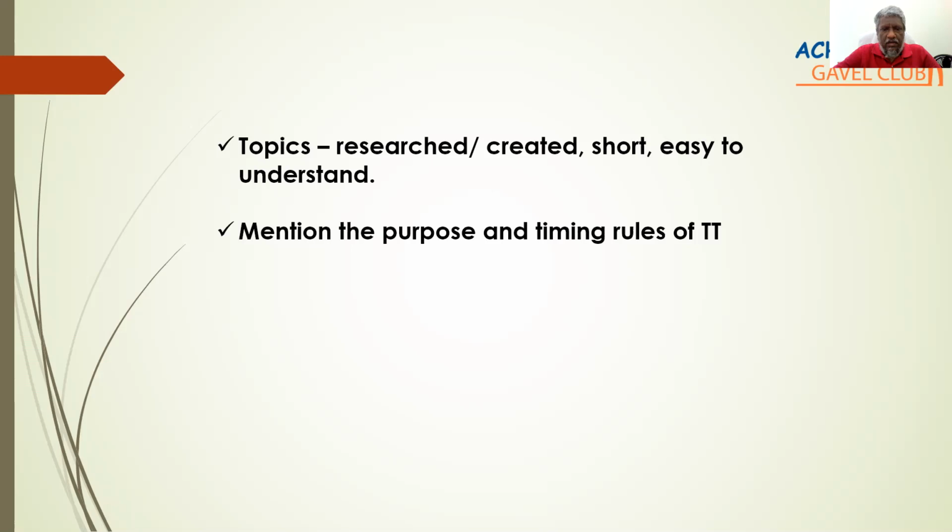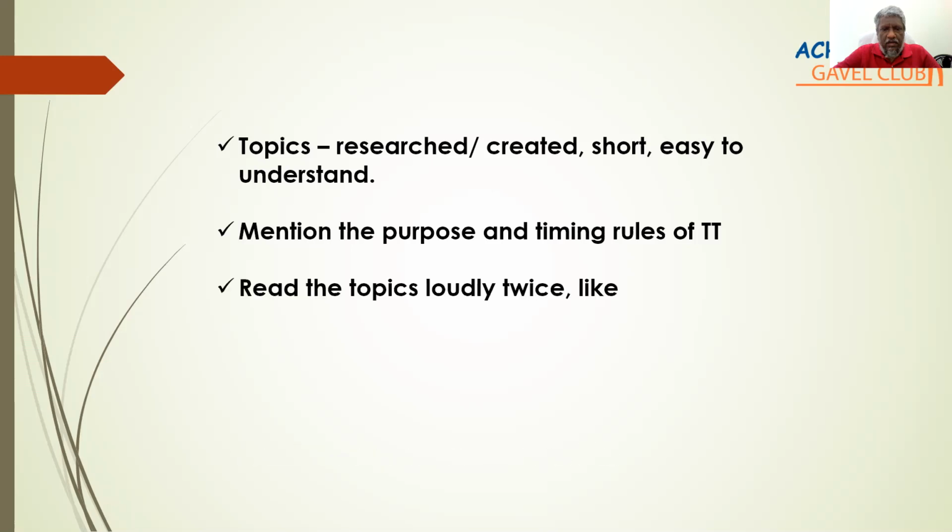To help the speaker, the timer will show the green color on completion of 1 minute, yellow color on completion of 1 minute 30 seconds, and red color on completion of 2 minutes. And it will be kept shown till the speaker completes his or her speech. So these timing rules must be mentioned by the table topic master.